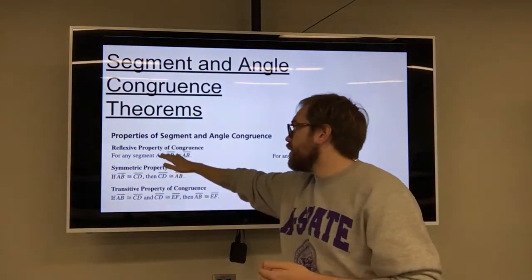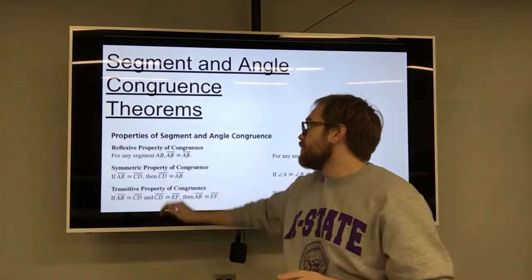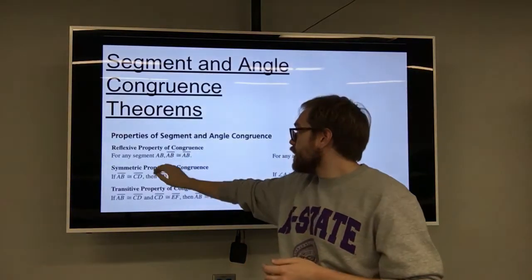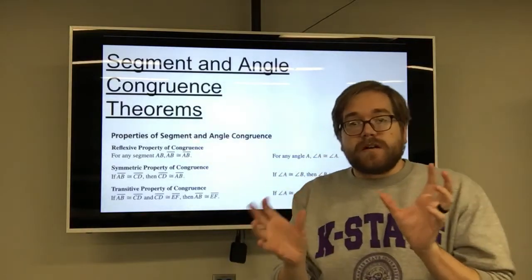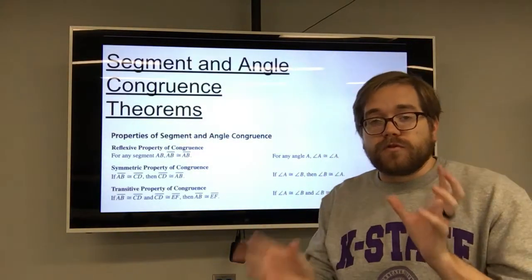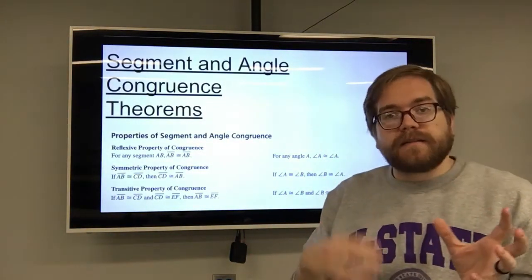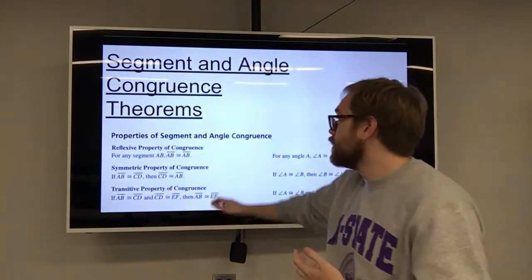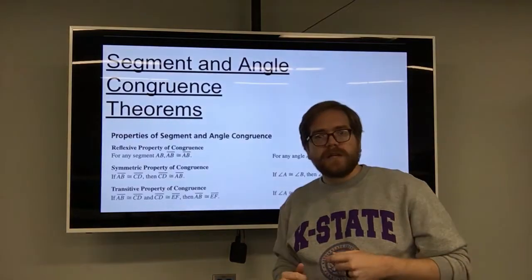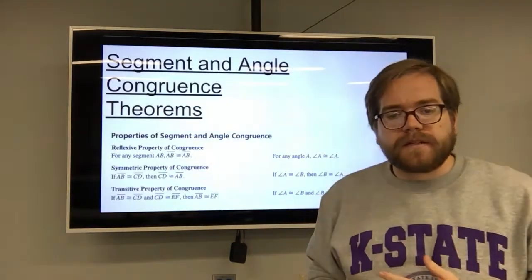So the reflexive property of congruence says that for any segment AB, the segment AB is congruent to itself, which means it has the same length as itself. Remember that reflexive property of equality? It holds also for congruence. So you'll want to keep those in mind as well.